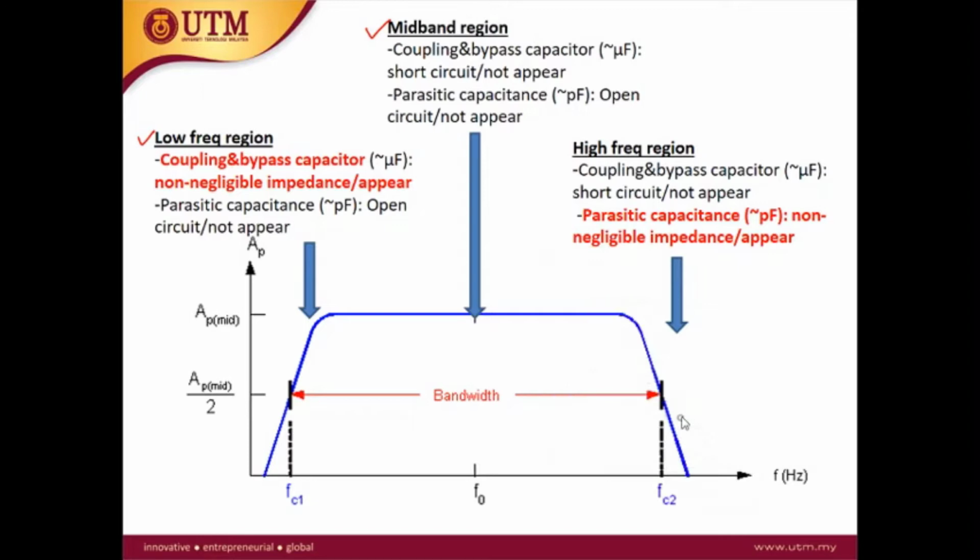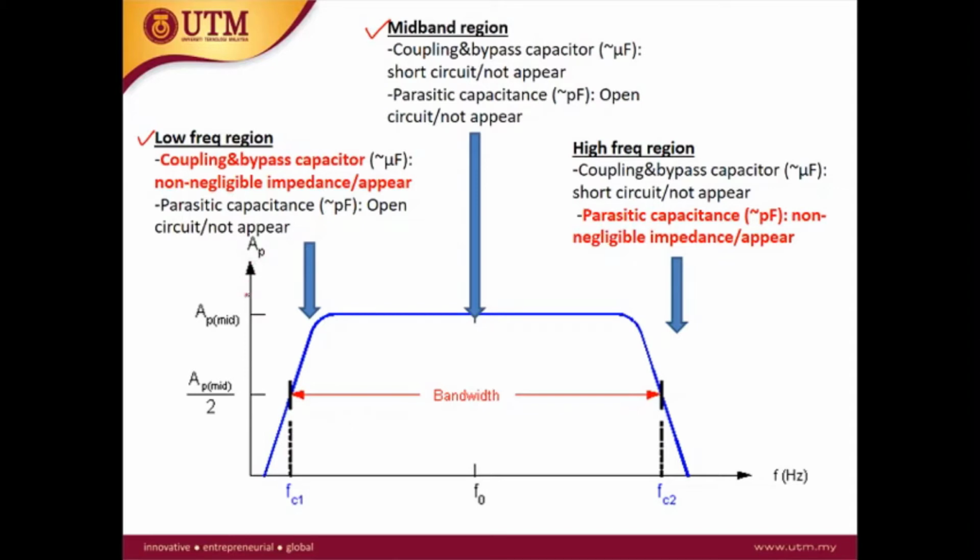Okay, in this slide we do some revision on the difference between the low frequency region, mid-band frequency region, and high frequency region. This is in terms of the equivalent circuit, and we want to relate it with the frequency response, or we call it a Bode plot.